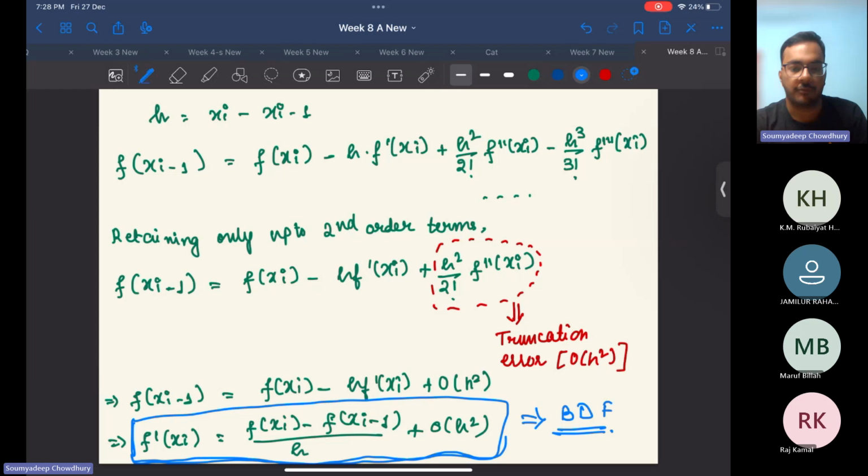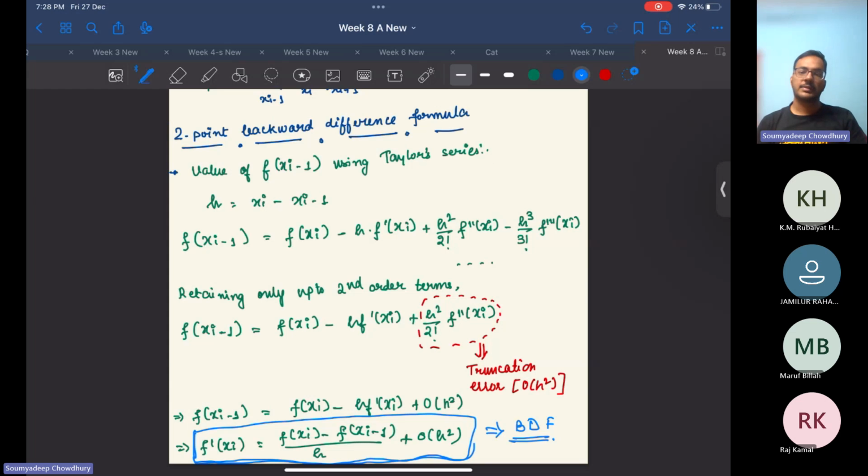We call it BDF. And your error here is of the order of O of h square. So is this clear? Any doubts, anyone? Clear, sir. Anyone? Any other questions?